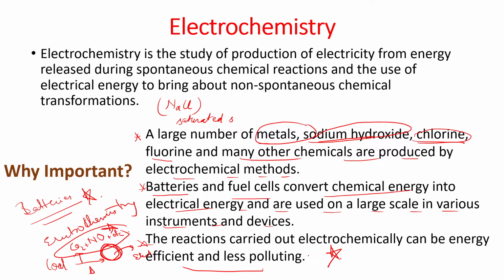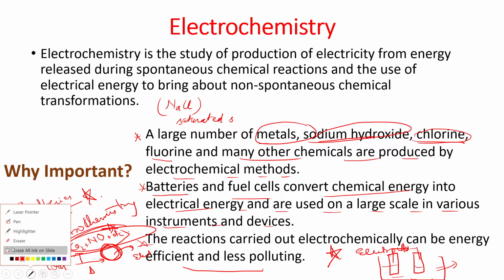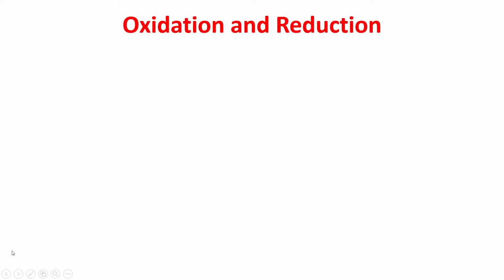But if you are doing electrochemistry, or using some chemical reactions to produce electricity, that won't generate so many side products. The side products generated in the case of burning coal won't be generated there. So that's why electrochemistry is important, as it is a greener way to generate electricity.